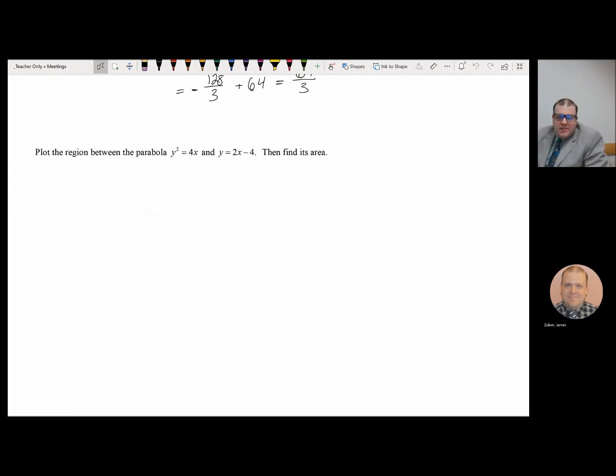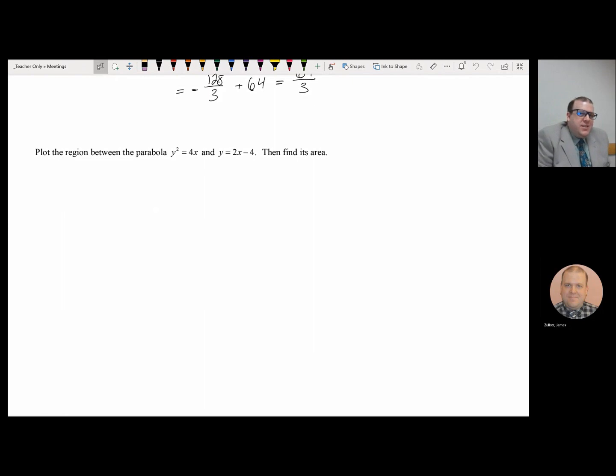Region between y squared equals 4x and y equals 2x minus 4. There are two ways to tackle this. We could try and write y squared equals 4x as two functions of x, one being 2 root x, the other being negative 2 root x, and then do it that way.